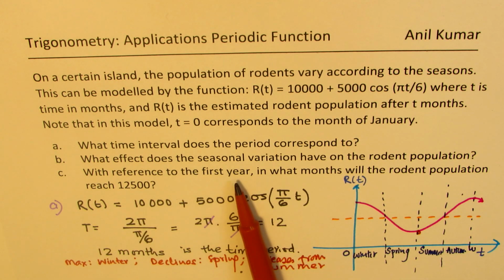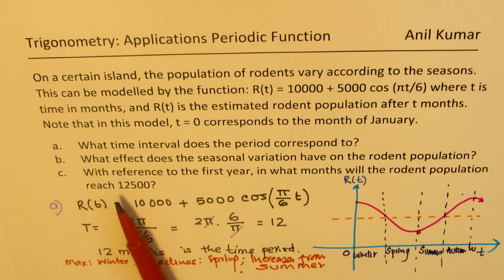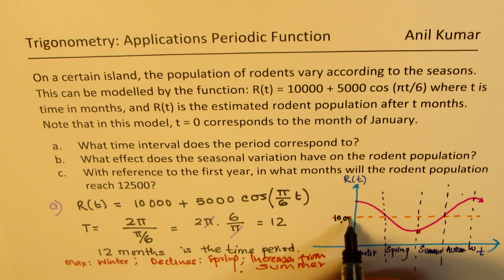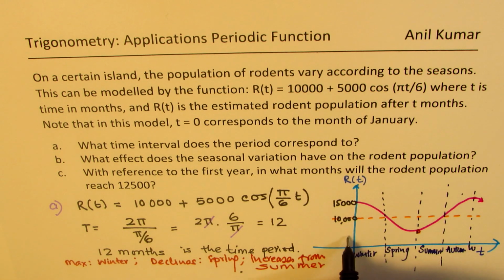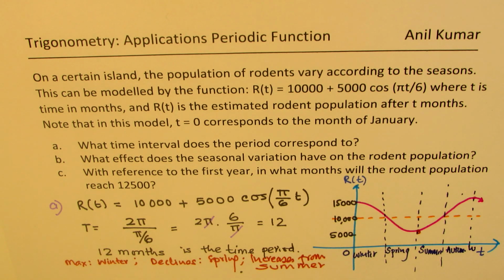With reference to the first year, in what months will the rodent population reach 12,500? Let me do it on a fresh page. On this page, let me write down the values. This is 10,000. This is 15,000, 5,000 more, and that becomes 5,000. Now let's take part C on a fresh page.